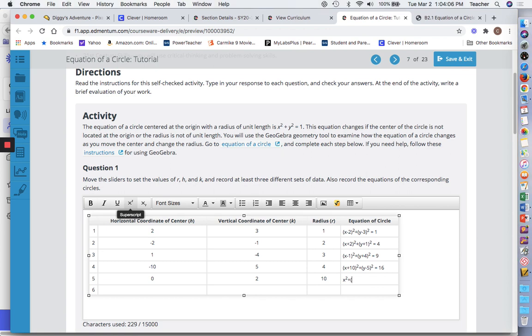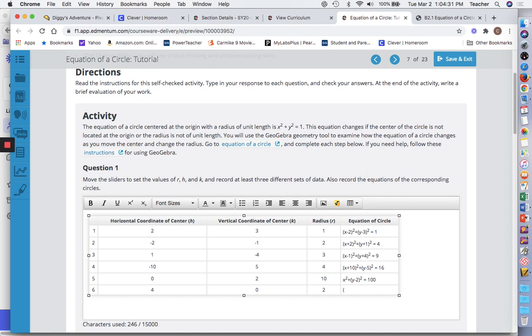All right, so let's see. We got y, and again, it's a plus 2, so we're going to have minus 2 squared. And 10 squared is 100. Now, that can also be for the y. All right, so let's make that a 2. I got a 4 for the h.